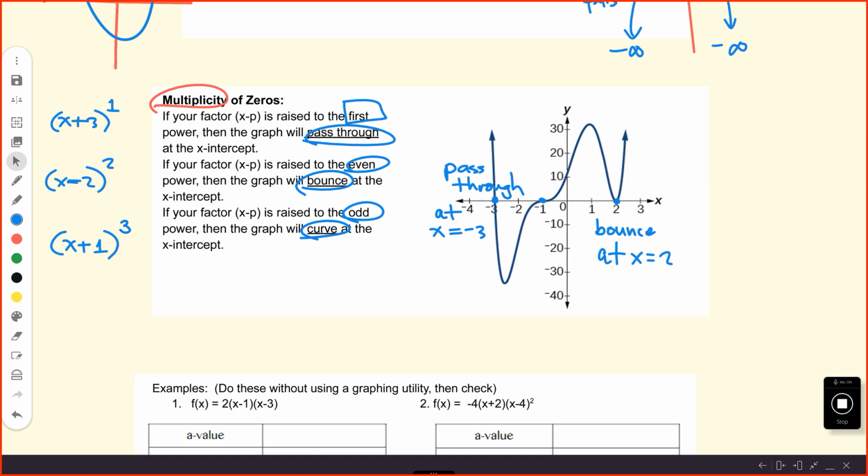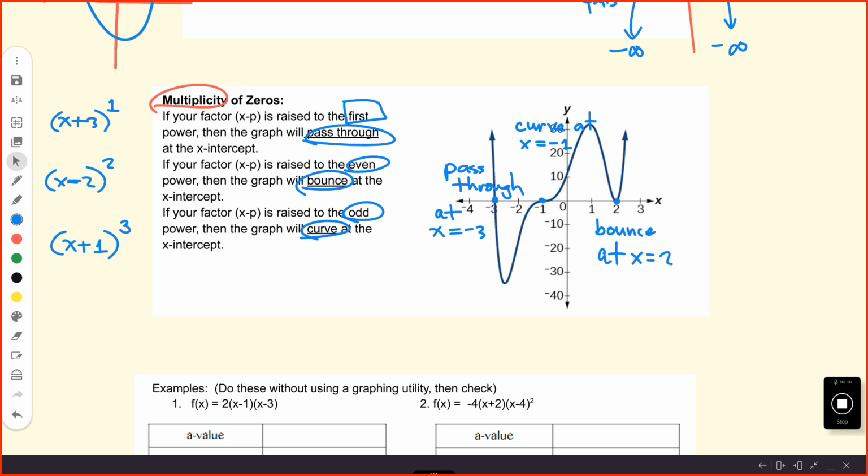If you see a factor with an exponent of 3, that means the multiplicity is odd, and that's why the graph is going to curve at x equals -1.